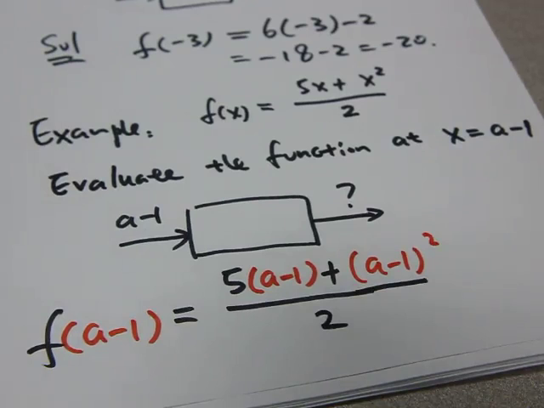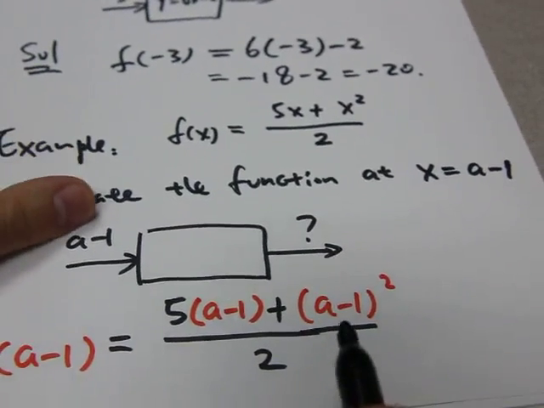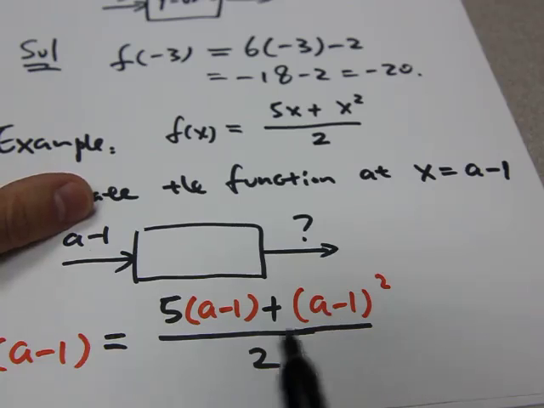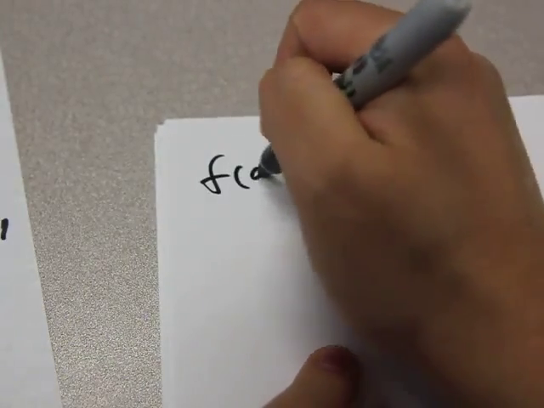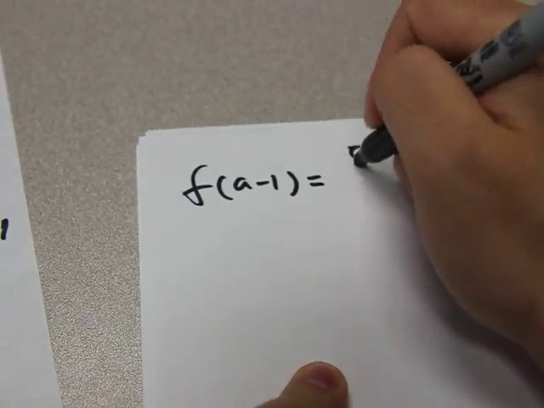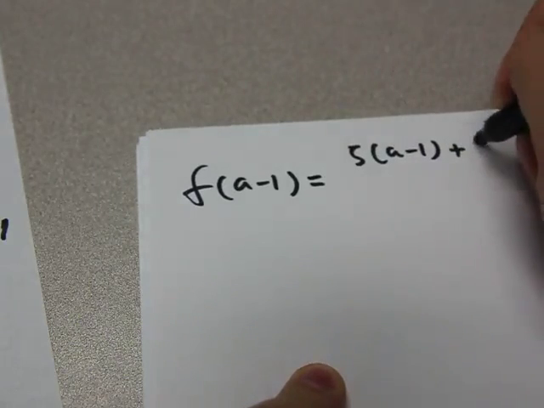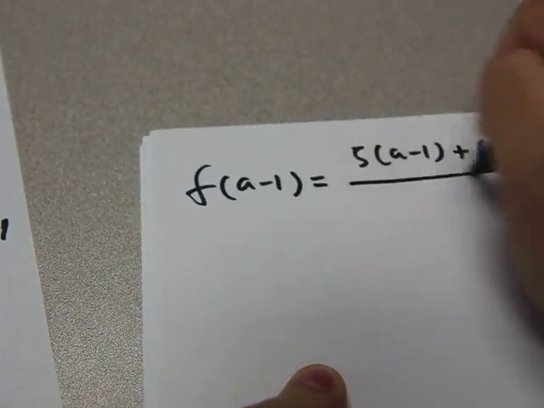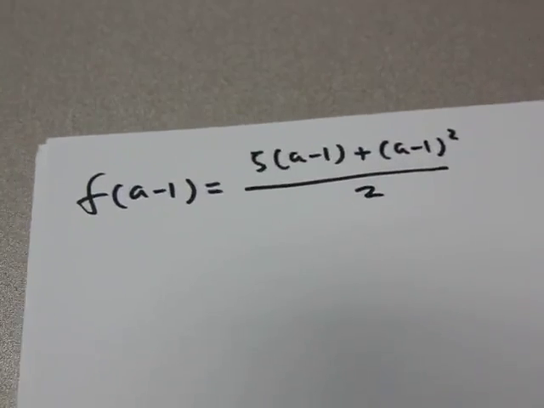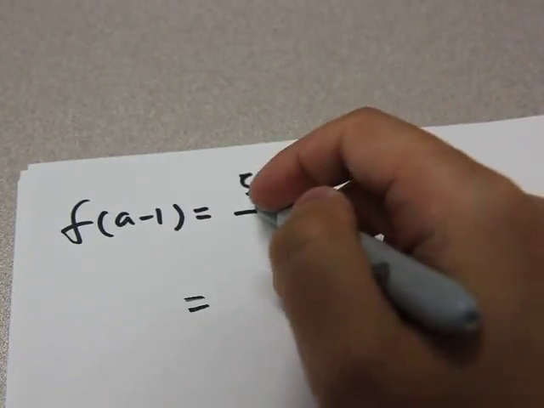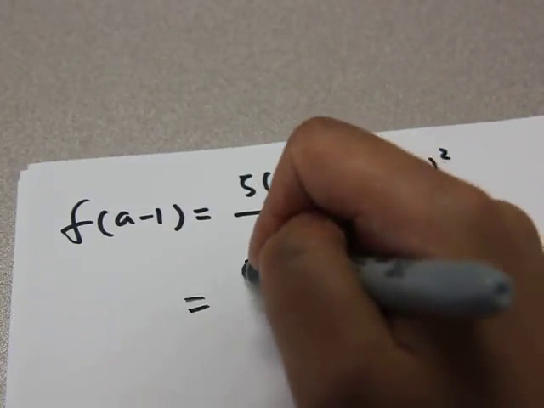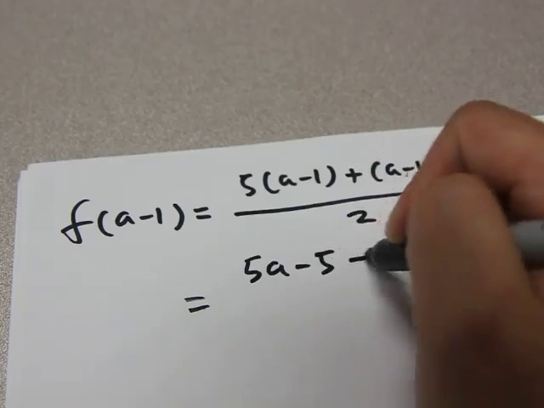Alright, now once you have this, next you want to simplify this expression. So 5 times (a minus 1), let's distribute 5 into (a minus 1). We have 5a minus 5.